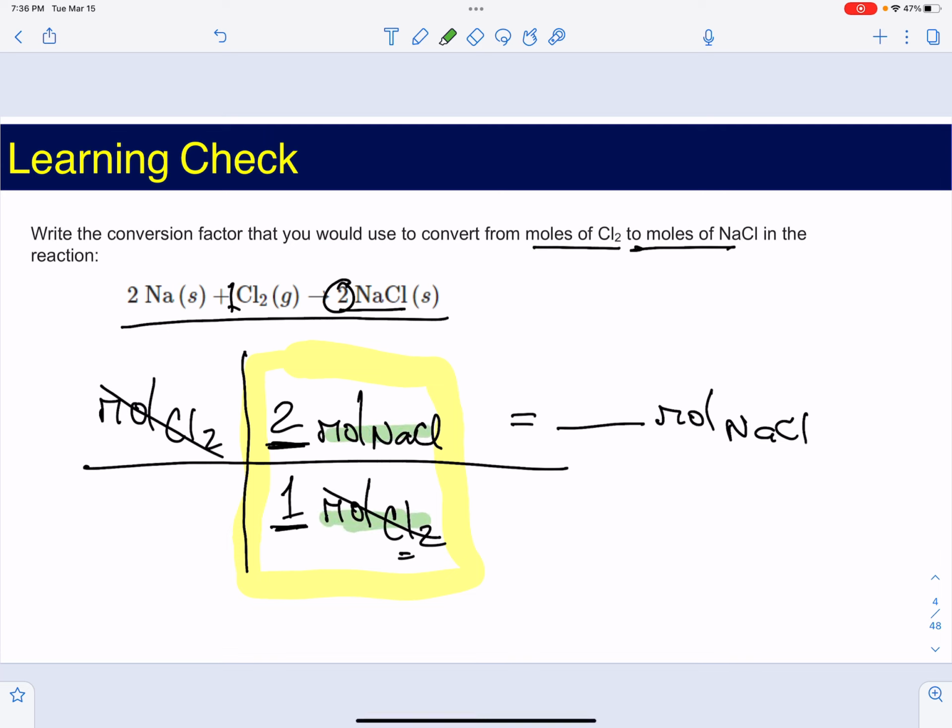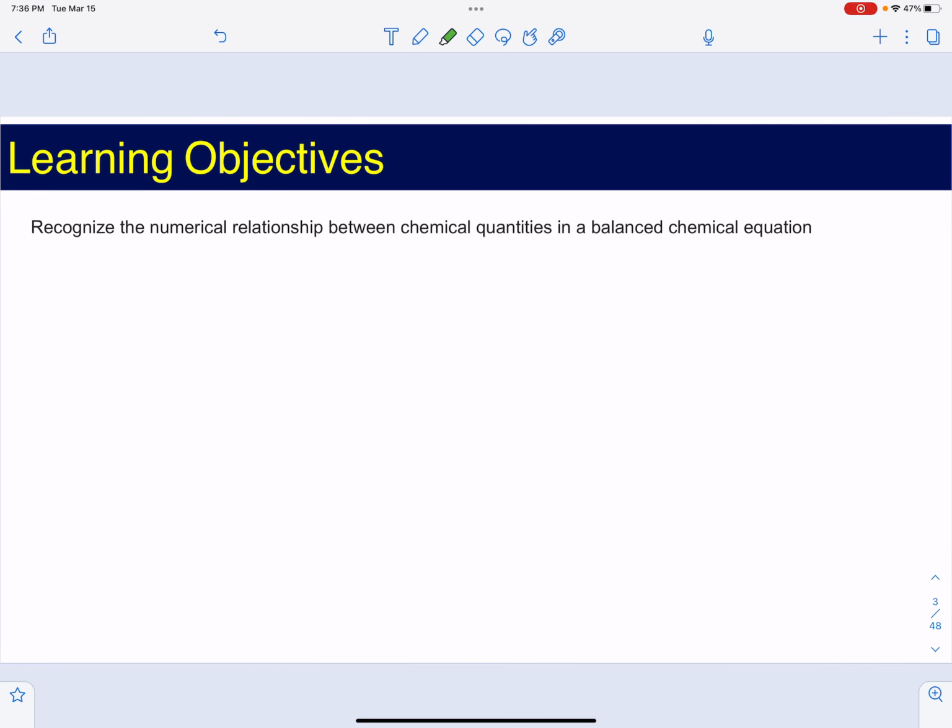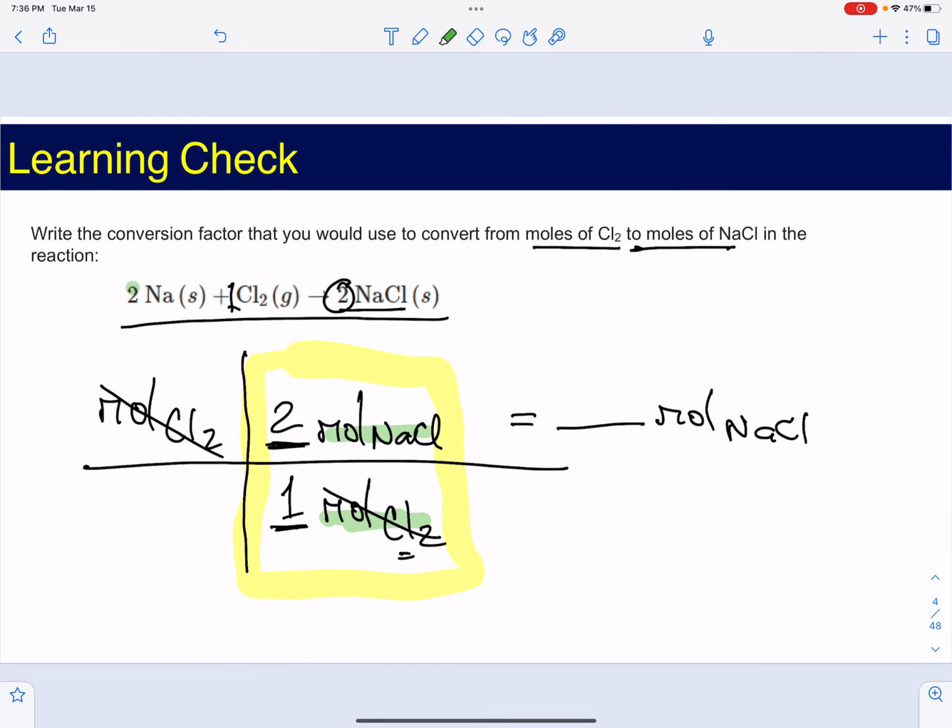So you saw how I was able to create a conversion factor just by looking at the balance equation. So that's how we relate numerical quantities to a balance equation, by just looking at the coefficients and using them to our convenience.